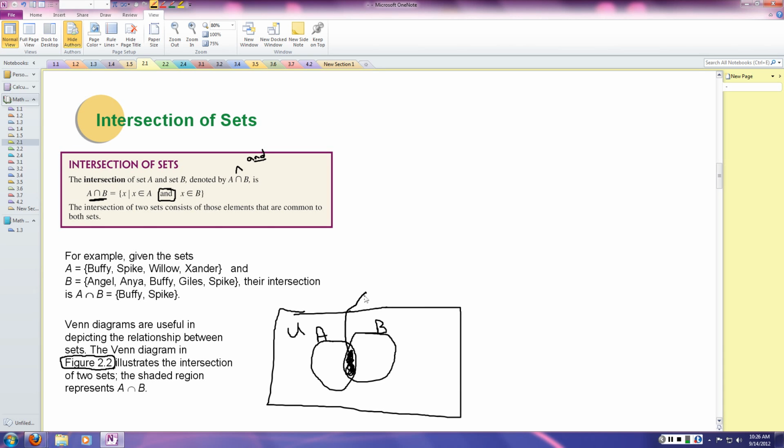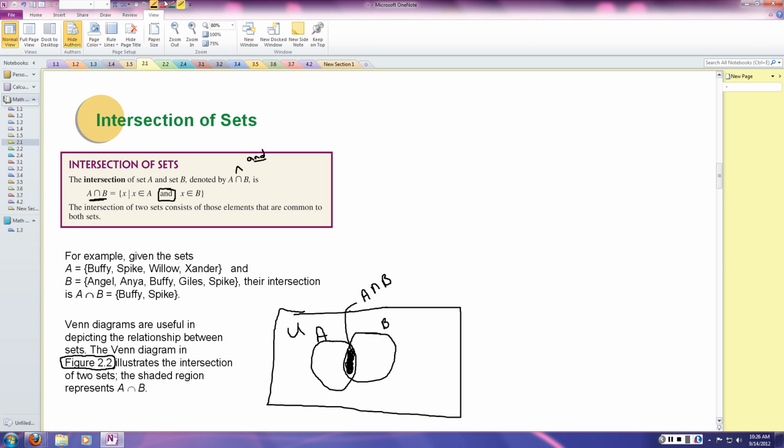Sorry, this is not right. It's not the middle, it's the whole thing. This is in A and in B. Sorry, I'm getting ahead of myself. Okay, so forget what I just said. I'm looking for the intersection, and the intersection is going to be what I originally said. It's in A and in B at the same time. So this is A intersection B.